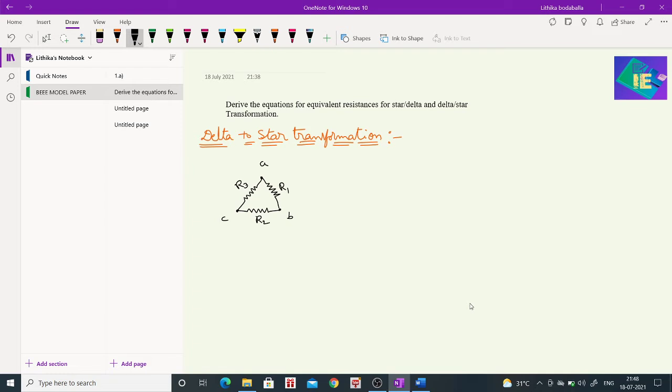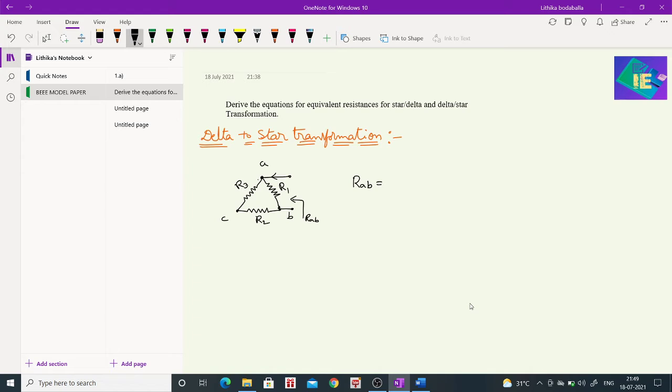Now, if I want to find RAB, for example, means I want to find the equivalent resistance between these two terminals. This is RAB. So, in delta connection RAB becomes what? For example, there is a current coming here like this.